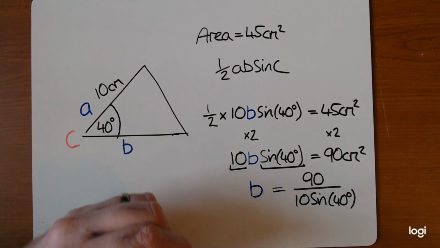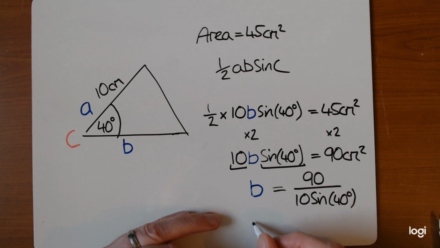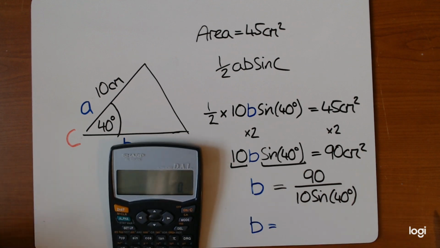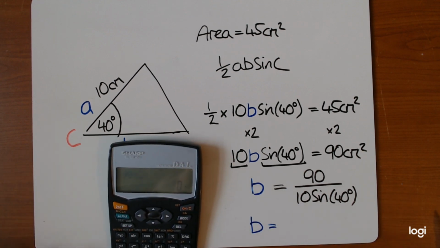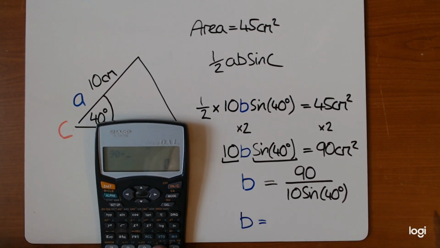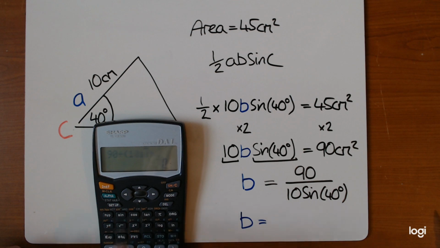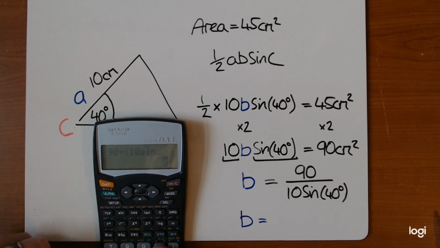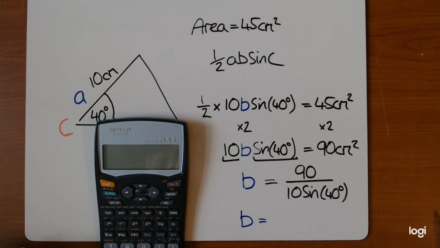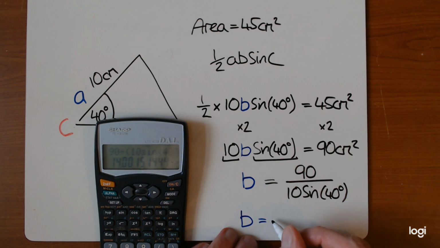And what you then hopefully do is, when you get your calculator, okay, you'll have 90 and then divide. Now you're going to want to have an open bracket, and then 10 sine 40, press equal, and that gives you 14. Okay, so the answer to that is 14 centimetres.